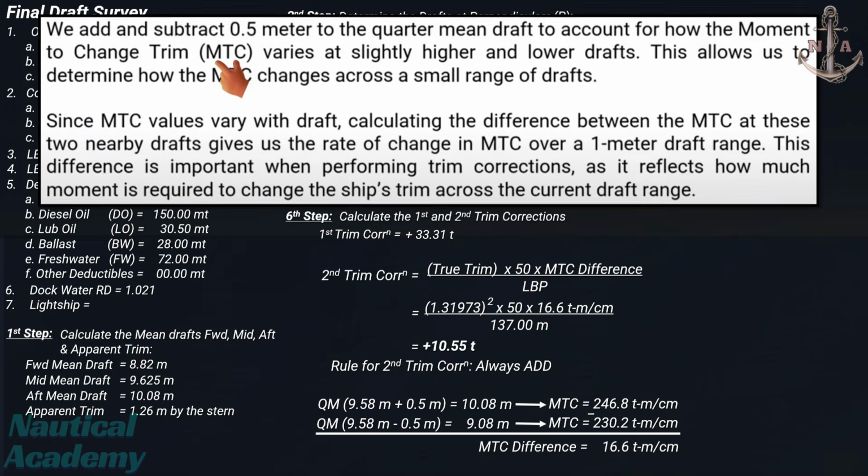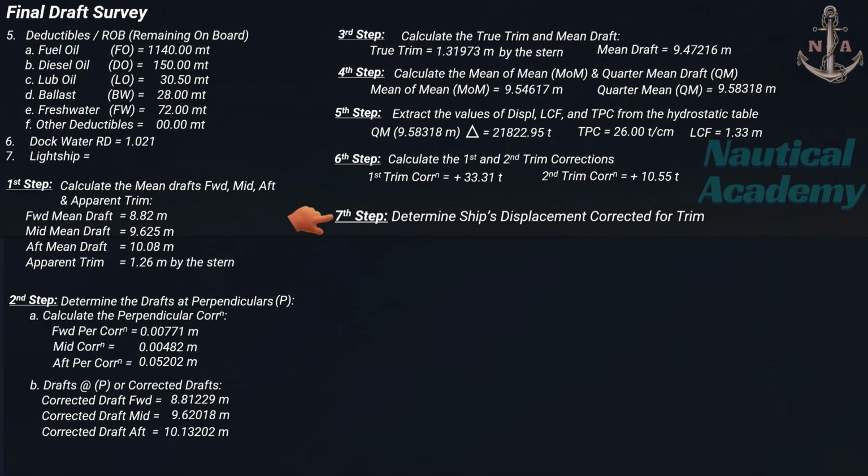Taking the MTC values at drafts 0.5 meters above and below the quarter mean draft, this allows us to determine how the MTC changes across a small range of drafts. Next, let's determine the ship's displacement corrected for trim.